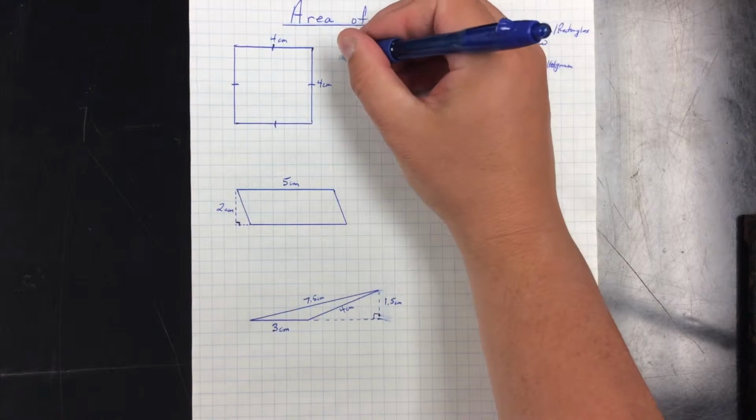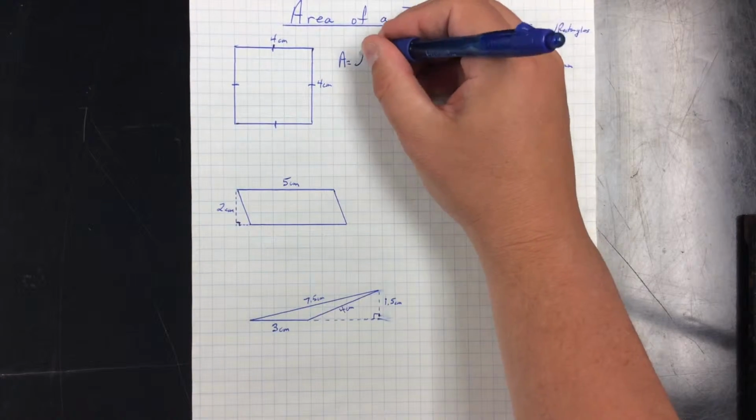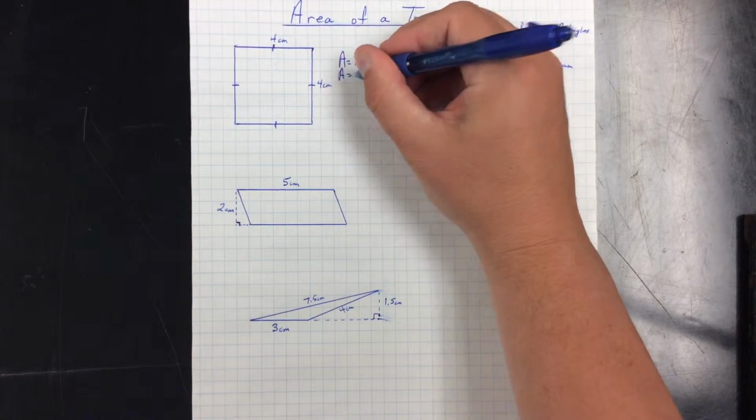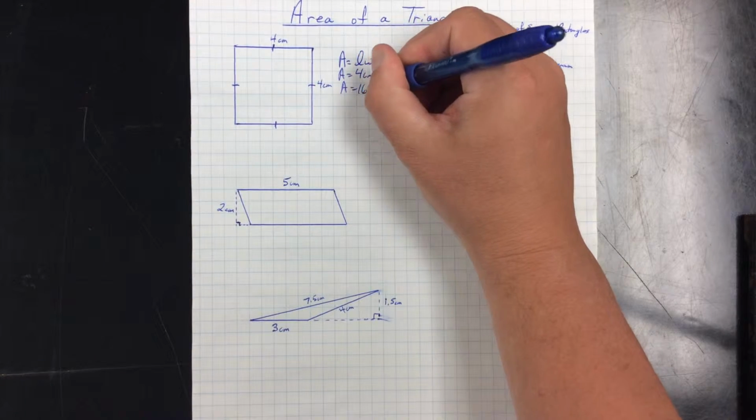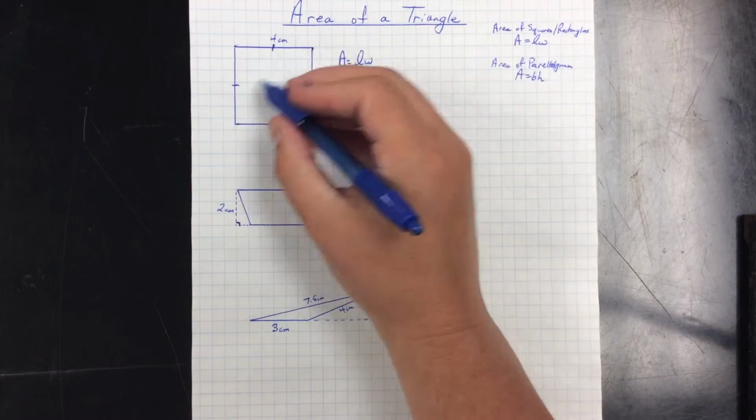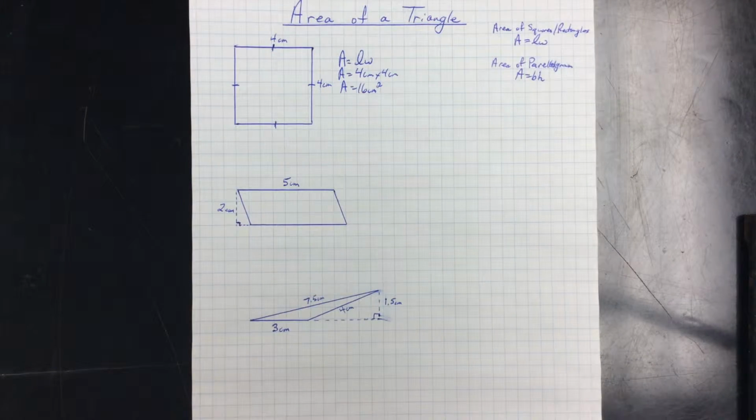Let's calculate the area of this square. Length times width. 4 centimeters times 4 centimeters, which gives us 16 centimeters squared, which is the total area that this square covers.